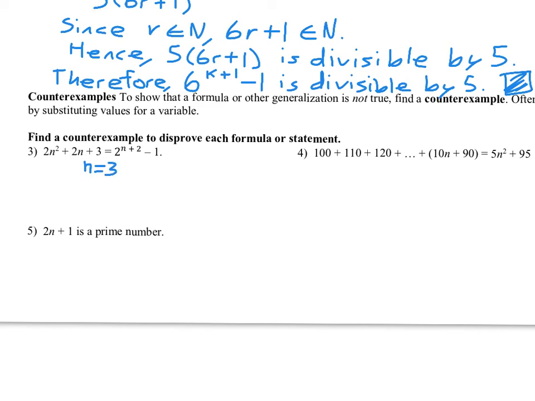So let's plug in. If you plug in n equals 3, you get 18 plus 6 plus 3 equals 2 to the 5th minus 1. So you get 27 equals 32 minus 1, 31, which doesn't work.